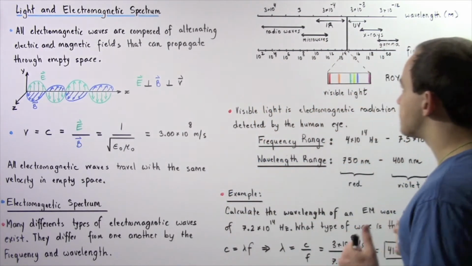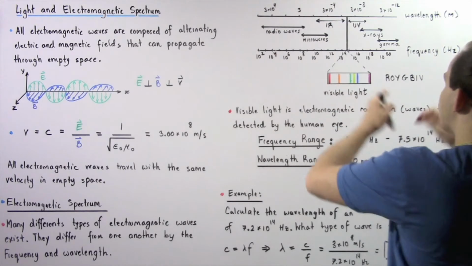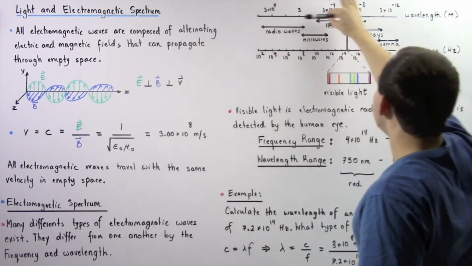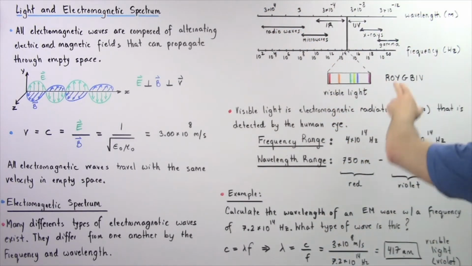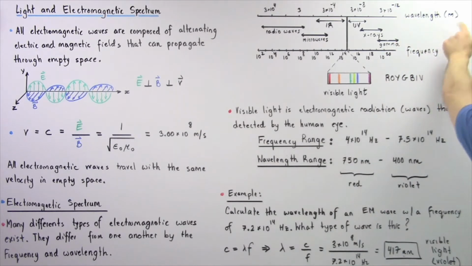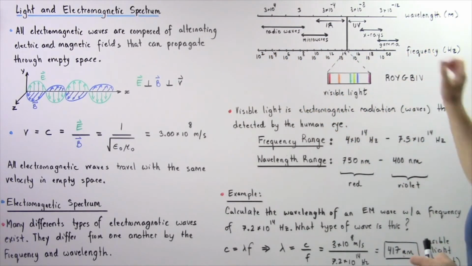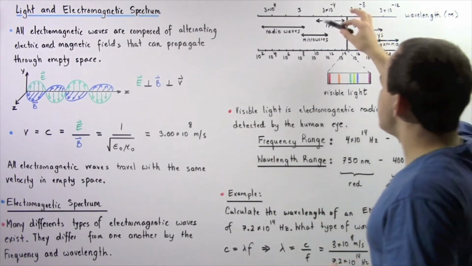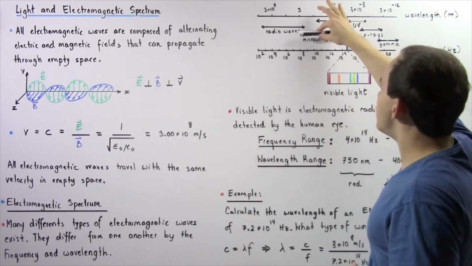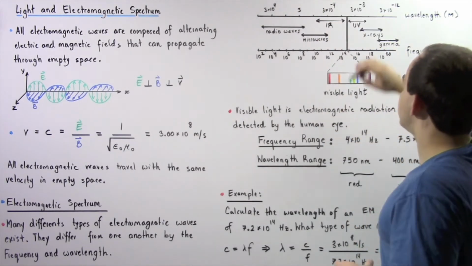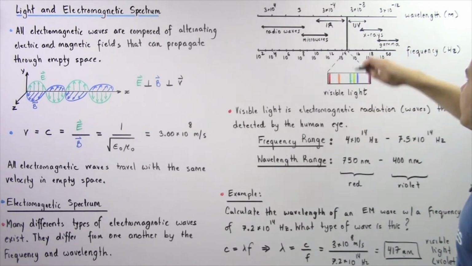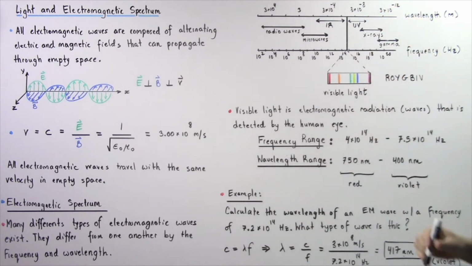The spectrum looks something like this, where the top line symbolizes the wavelength in meters of our electromagnetic wave, and the bottom line represents the frequency, with units given in hertz. We see that we have radio waves, microwaves, infrared waves, ultraviolet waves, X-rays, and gamma rays.